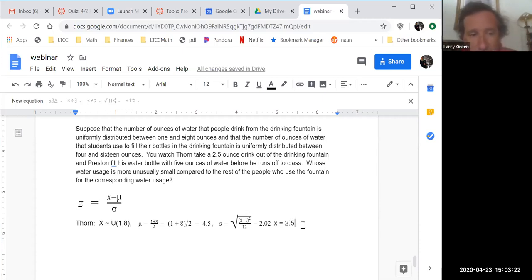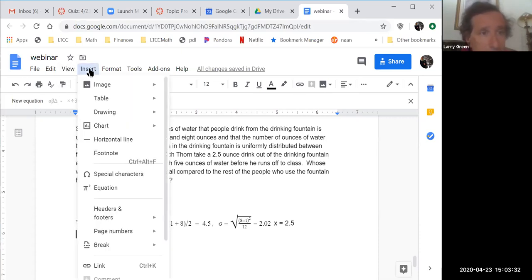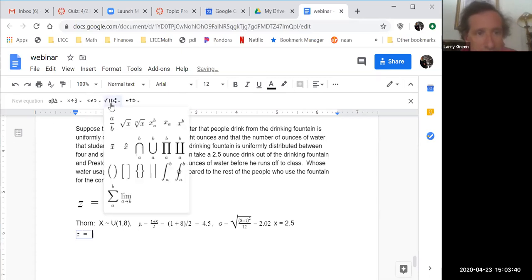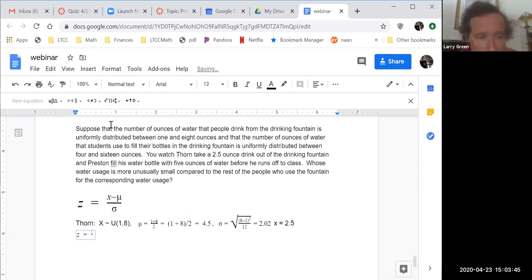Any questions on this? So now we're ready to get Thorn's z-score. So now what we can say is that Thorn's z is equal to, we can make a fraction out of it, x, which is 2.5, minus mu, which was 4.5, divided by sigma, which was 2.02.